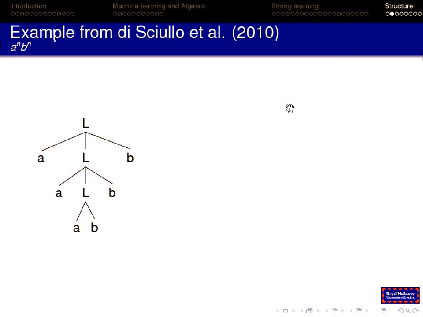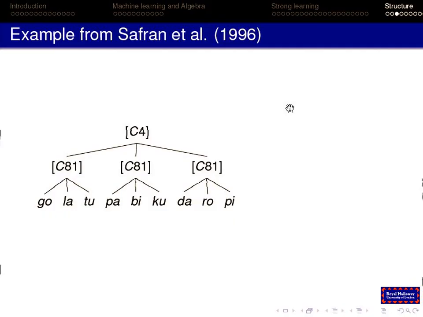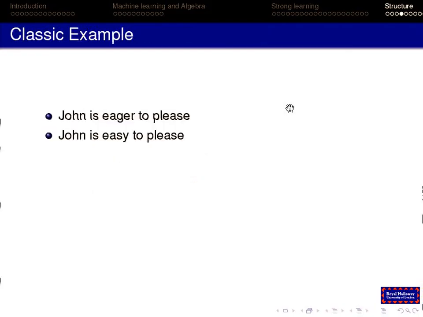If we take the Saffran, Aslin, and Newport data where they have trisyllabic nonsense words, which is a classic example of distributional learning in infants, their test data, we run it through this approach and we get this sort of tree. And I'll just, how much time do I have?